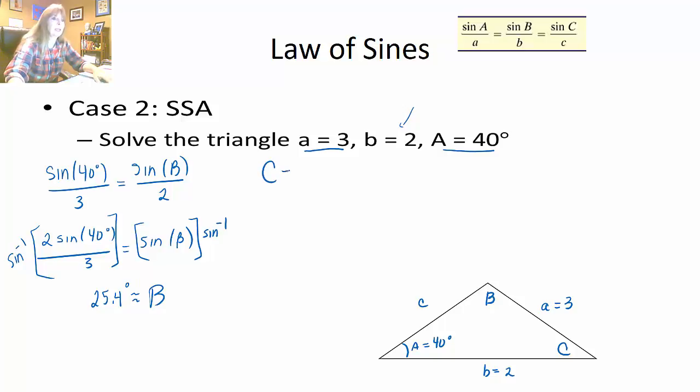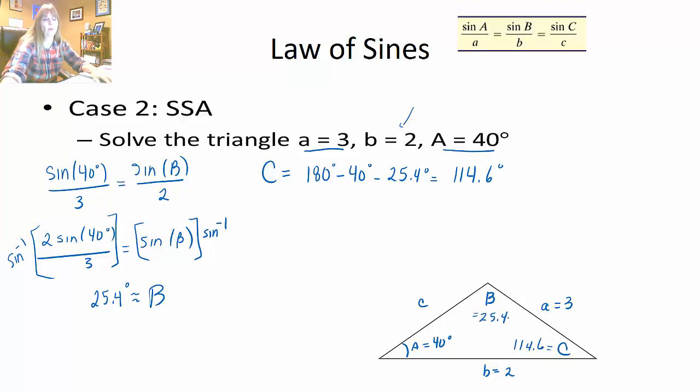Now I can find big C, because big C is going to be 180 minus A minus B that I just found, and you should get 114.6 degrees. So we got this, 114.6, and this, 25.4.